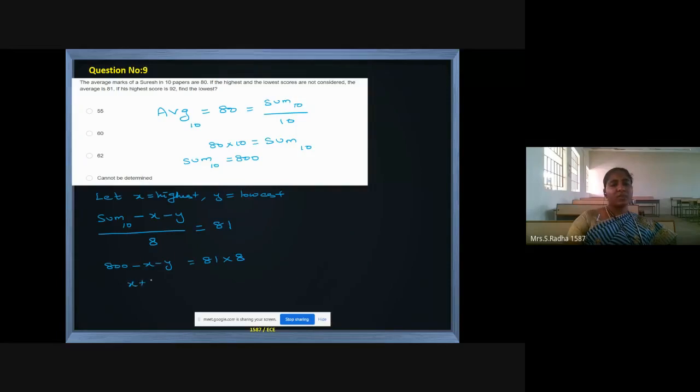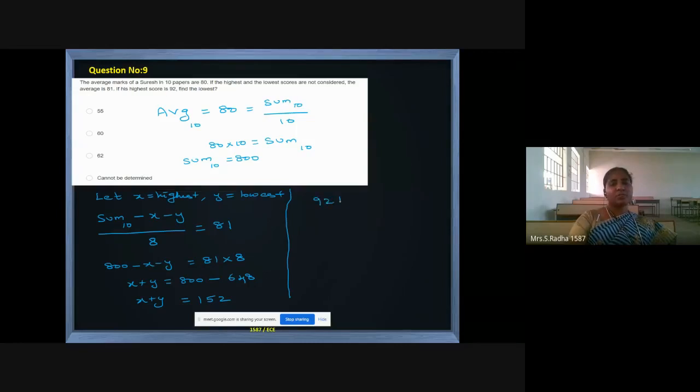Now x plus y value is nothing but 800 minus 81 into 8, which is 648. So x plus y value is 152. So x and y are the highest and lowest marks. Already in the question they have given highest mark is 92.